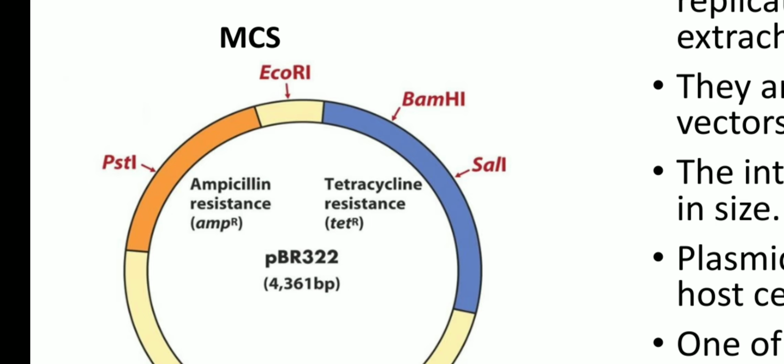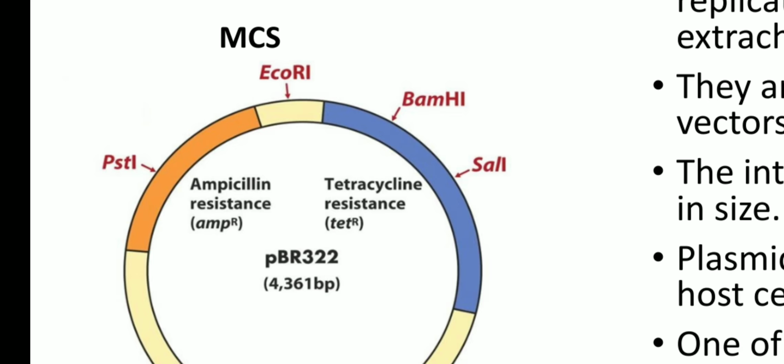The next one is the antibiotic resistance gene. This is also one of the main components of plasmid. This antibiotic resistance gene is also called the marker gene. By the help of the marker gene, we can differentiate the plasmid-carrying bacteria from normal host cells easily. Plasmids confer antibiotic resistant property to other species of bacteria.